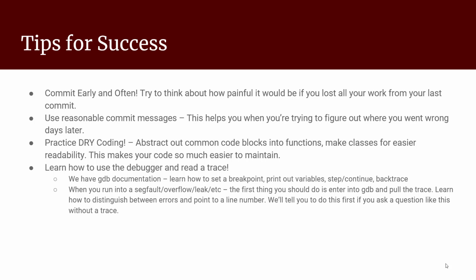A lot of times, if you ask a question like, I have a seg fault, what do I do? The first thing that I will ask you to do is give me that trace. That will help me if you have already looked into your fault that way.